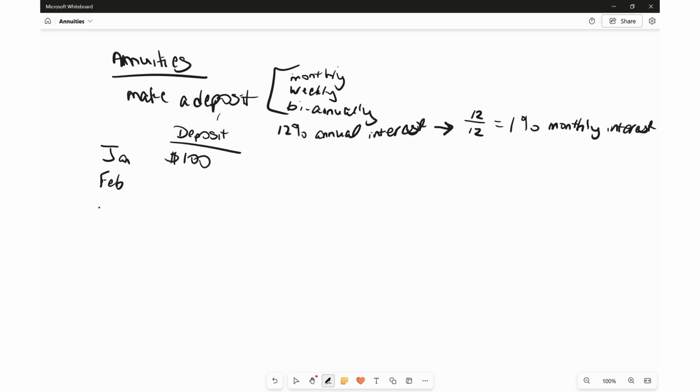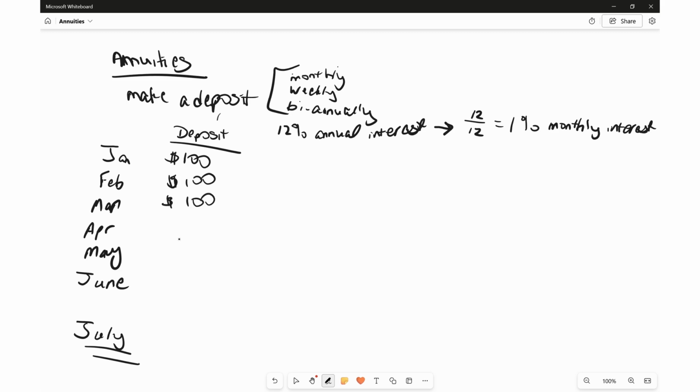Let me write these other months out here. Because we are going to take our vacation in July. So every month, we're going to deposit $100 into this annuity.